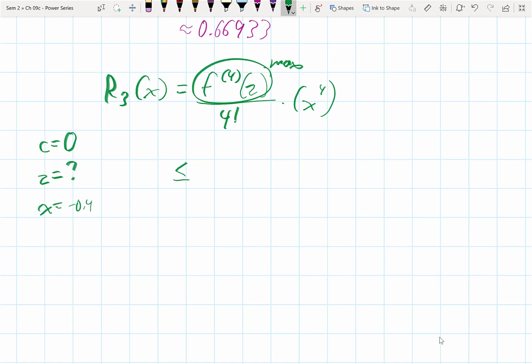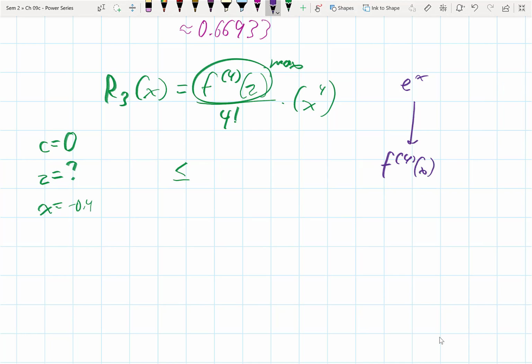So off to the right side, let's start listing the derivatives of e to the x. Well, what's the derivative of e to the x? I think we all know that. I was kind of hoping for some response from the room there, but no. So the derivative of e to the x is e to the x, and the derivative of that is e to the x, and the fourth derivative of e to the x is e to the x, so we can carry that all the way down.